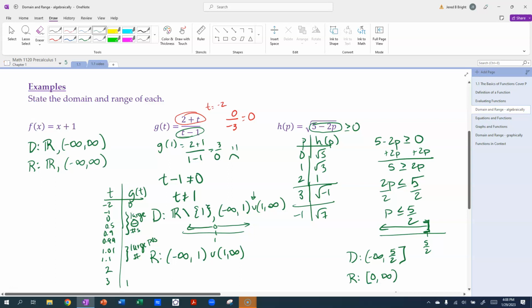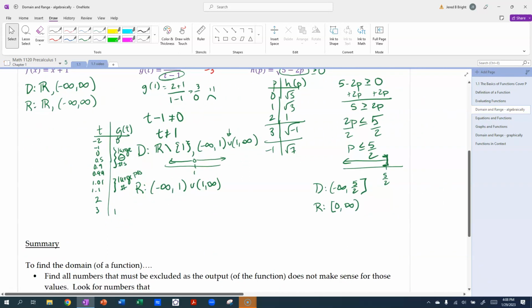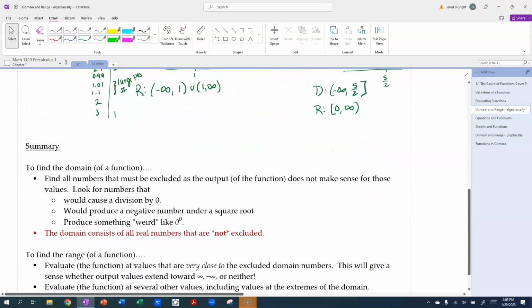So just to summarize, what did we learn about domain and range? Domain: find the numbers that we need to exclude, or anything that doesn't make sense. Anything that causes us to divide by 0, or produces a negative under a square root, or something weird.